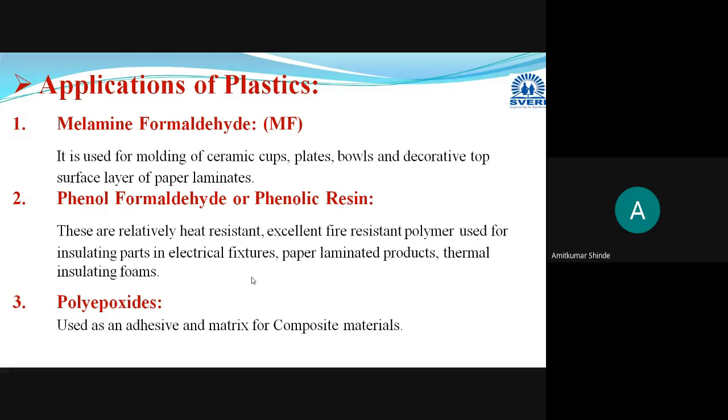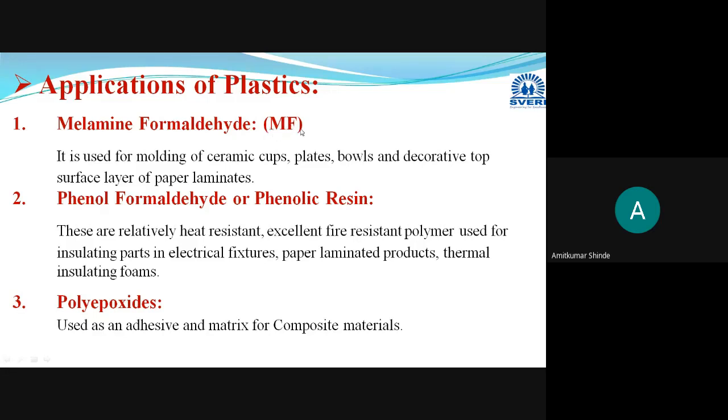The first material is melamine formaldehyde. It is indicated by the symbol MF: M stands for melamine, F stands for formaldehyde.